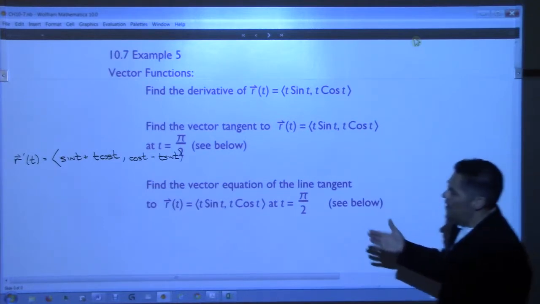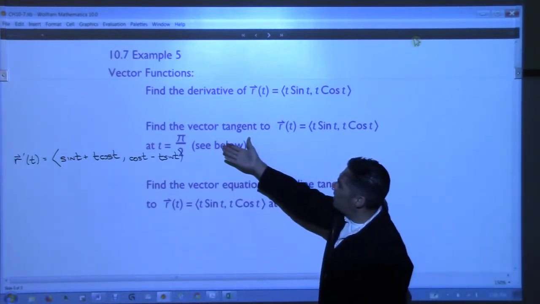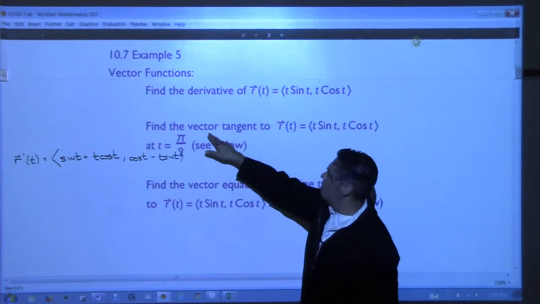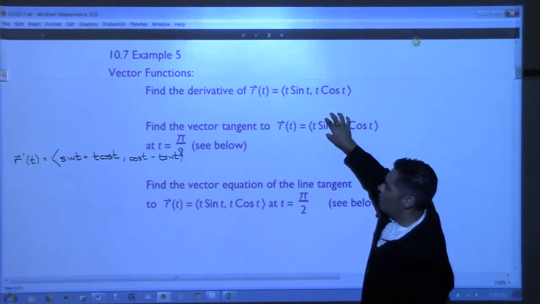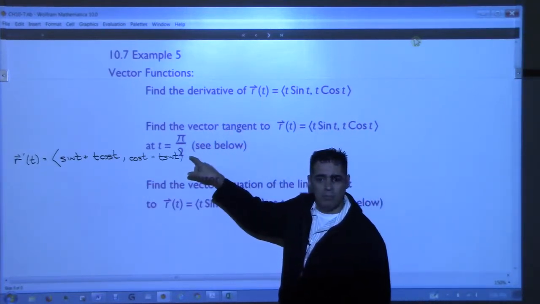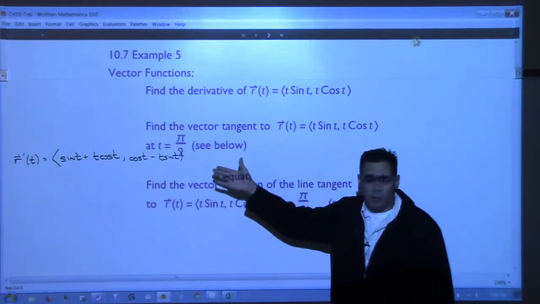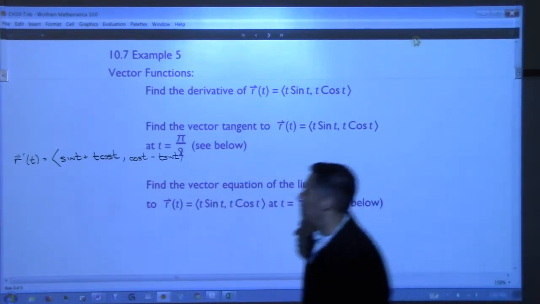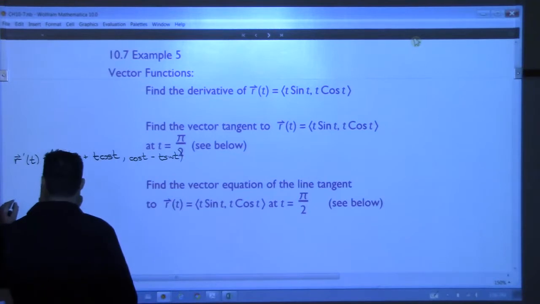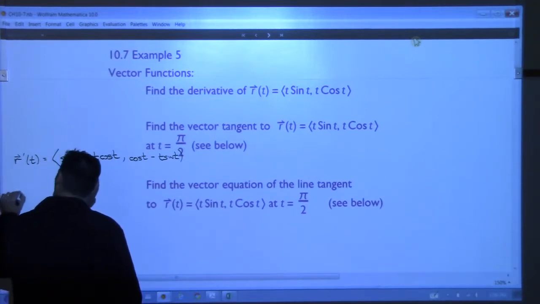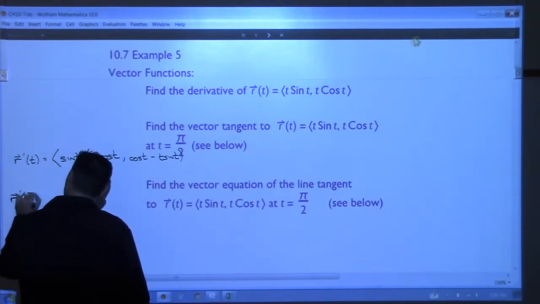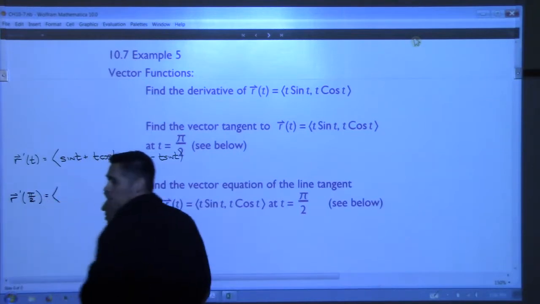So now that we've taken the derivative, let's find the vector which is tangent to this curve at pi over 2. So let's plug pi over 2 into our derivative and see what we get. So what's r prime of pi over 2? It's a vector, right?